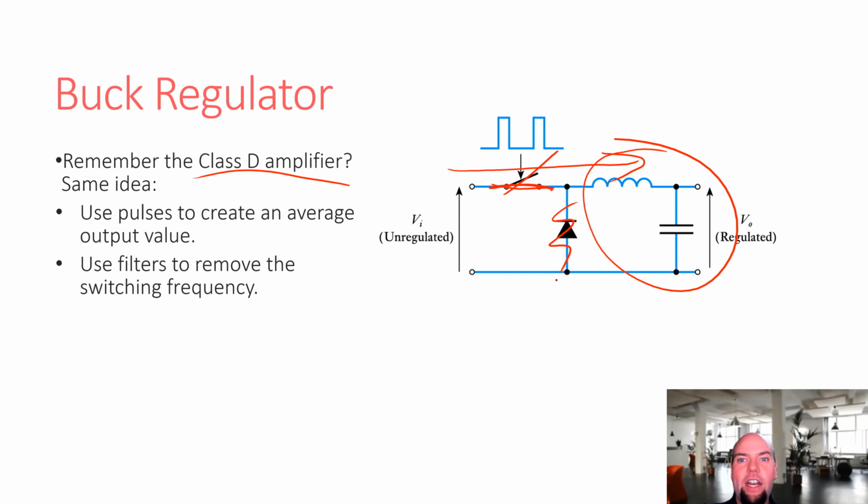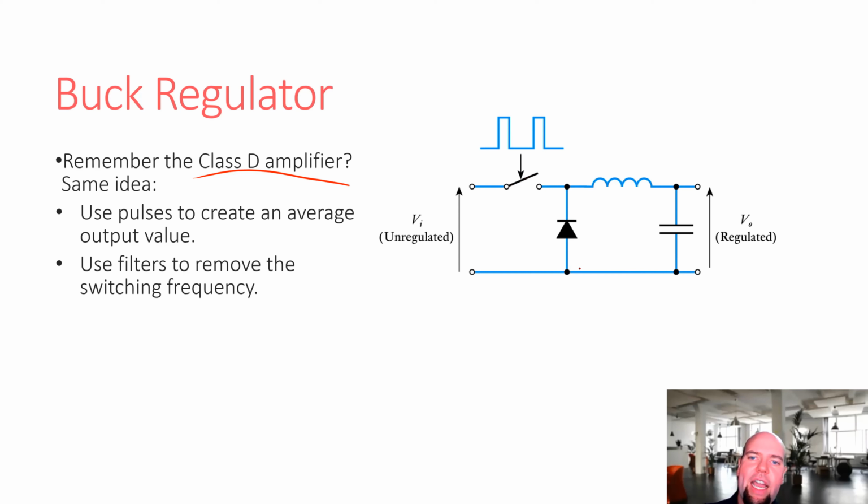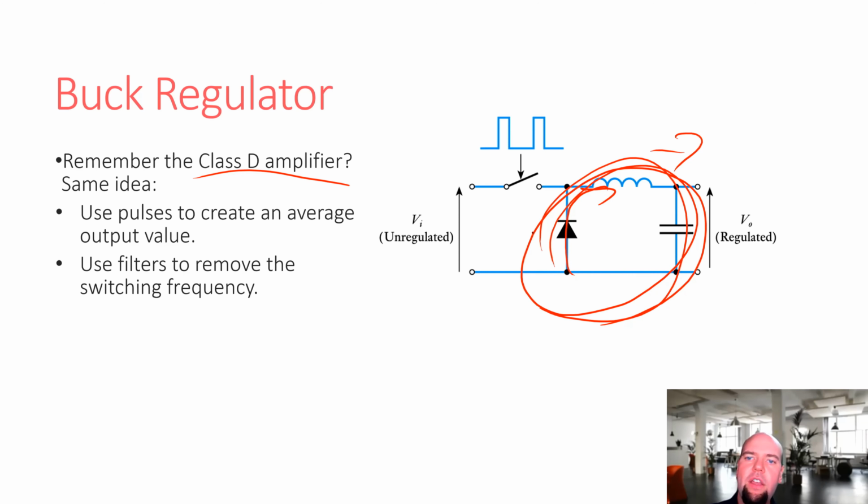So if you open circuit an inductor, you're going to get a massive voltage spike on the other side of it, a huge voltage spike here. What the diode does is allow current to keep flowing through the inductor. When the switch is open, you allow current to keep flowing through this little mini circuit over here using this diode.